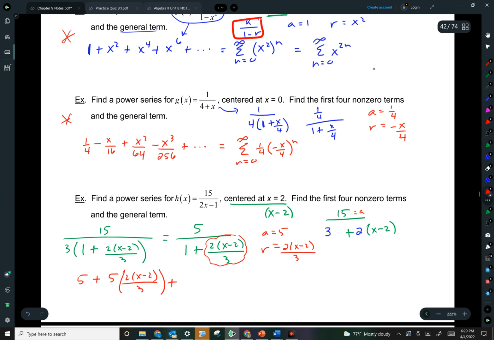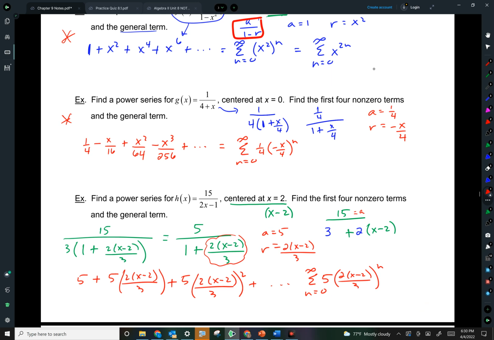And then my next term, I multiply that again. So isn't it just going to be 5 times 2 times x minus 2 over 3 squared, because I'm multiplying by that whole thing, and I could do the same thing and keep multiplying. So my general term is going to be the sum as n goes from 0 to infinity of a, which is 5, times r, which is 2 times x minus 2 over 3, to the n.